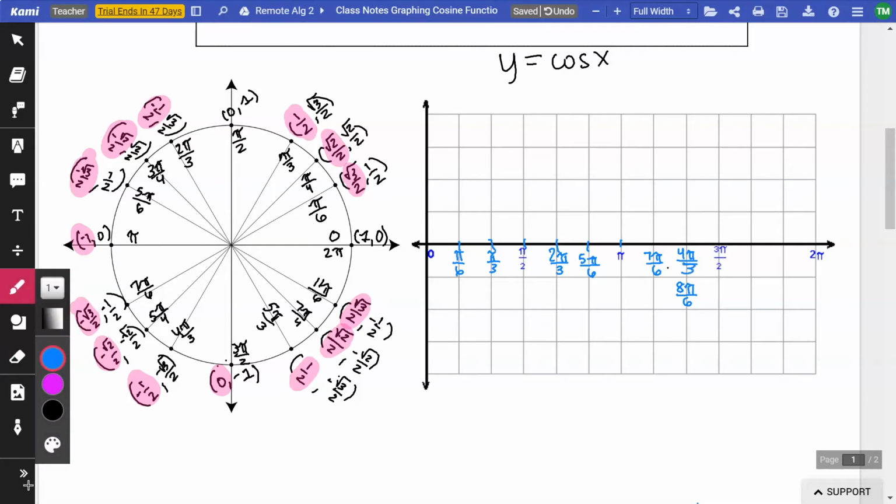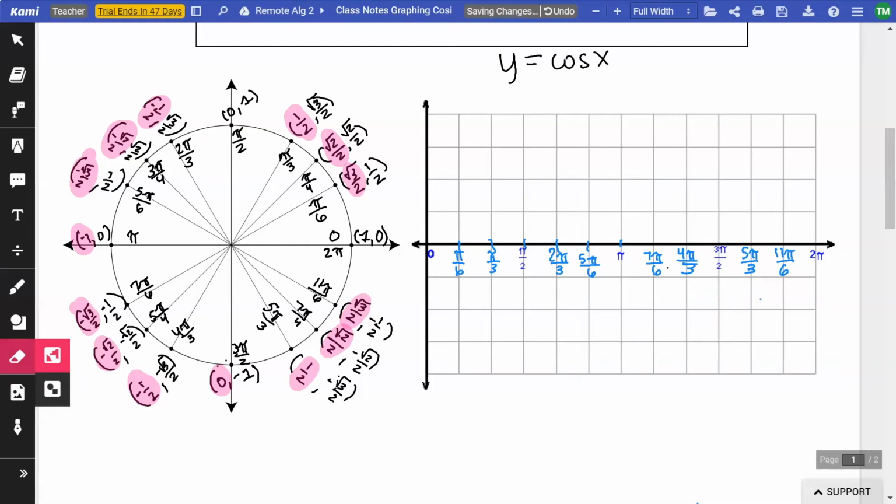Then this would be 9 pi over 6, which reduces to 3 pi over 2. Then this would be 10 pi over 6, which reduces to 5 pi over 3. And then this will be 11 pi over 6. And then this would be 12 pi over 6, which reduces to 2 pi.